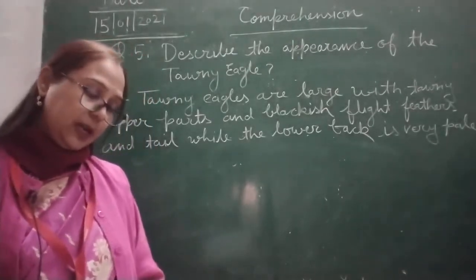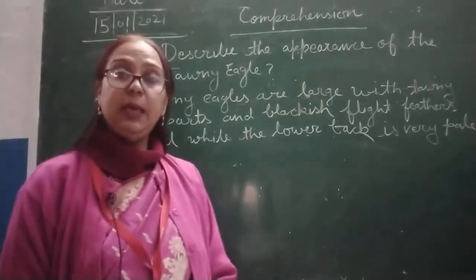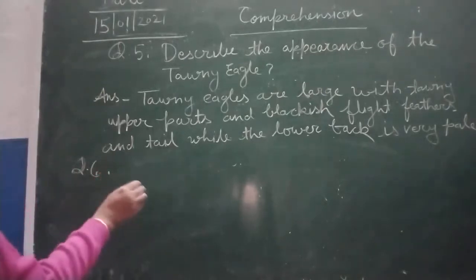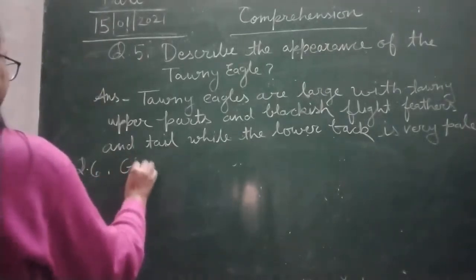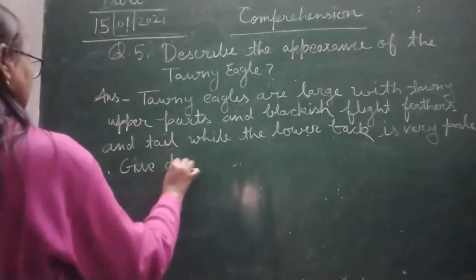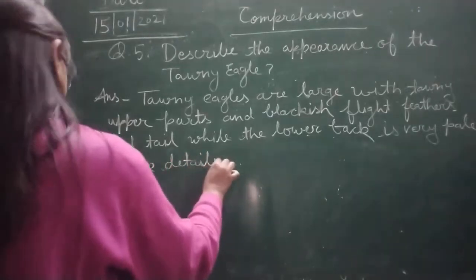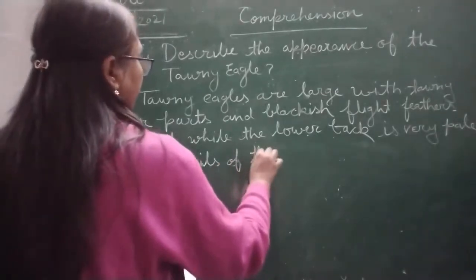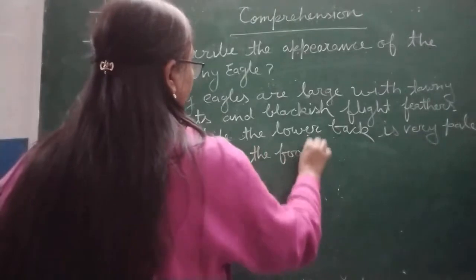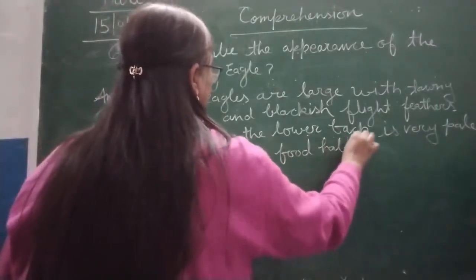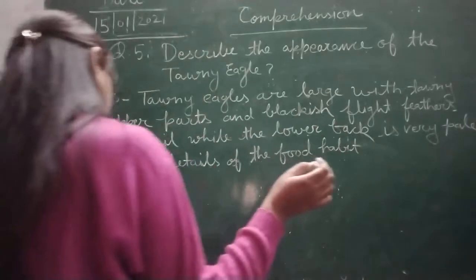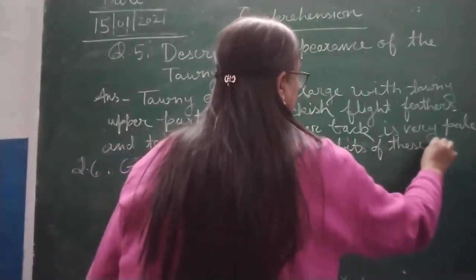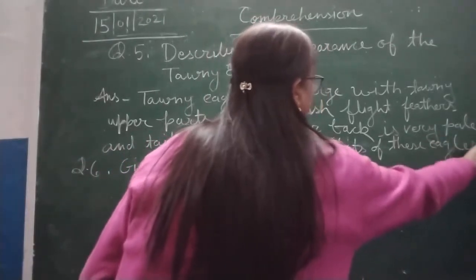Now we are going to write the details of the food habits of these eagles. The next question is question number 6: give details of the food habits of these eagles.